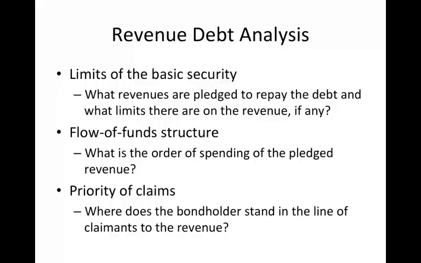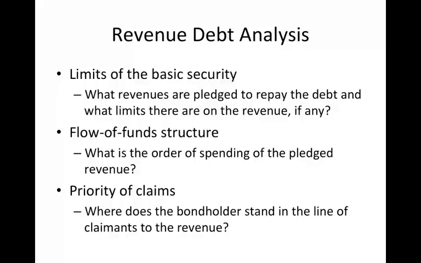Priority of claims is looking at the legal documentation that goes along with the debt issuance and what it says about the place of the bondholder, the buyer of this debt, in relationship to other creditors in terms of when it's going to get paid.